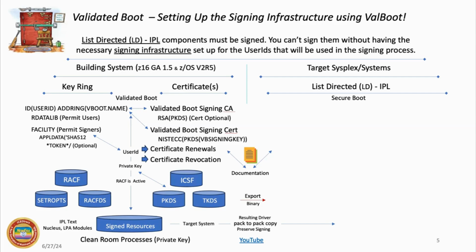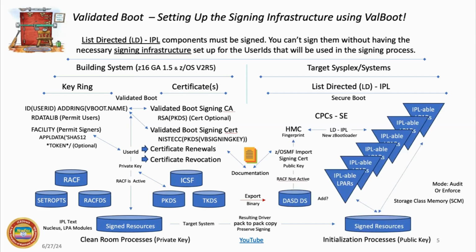So on the right-hand side, then, things look like this. The certificate's moved over, and using z/OSMF, it's imported into the HMC. There is a validation step between the import of the certificate and HMC's display of the fingerprint so that we can map it back to the documentation.